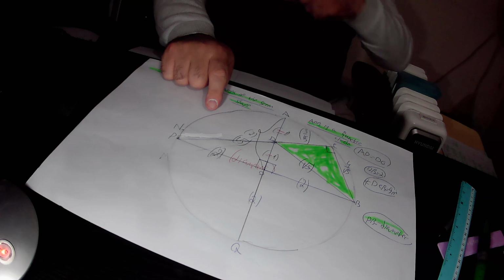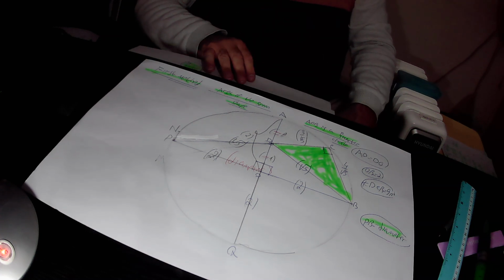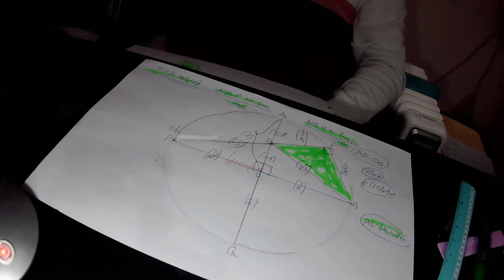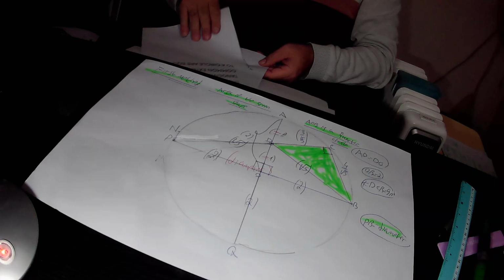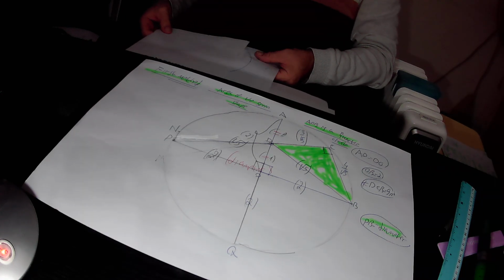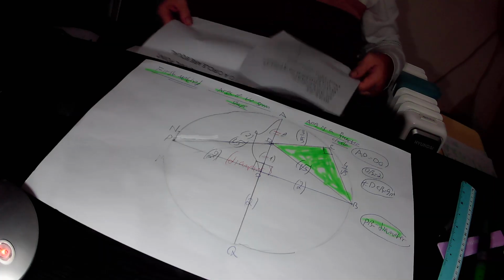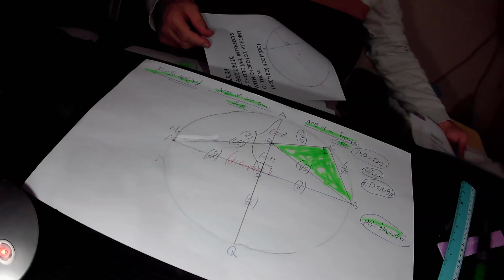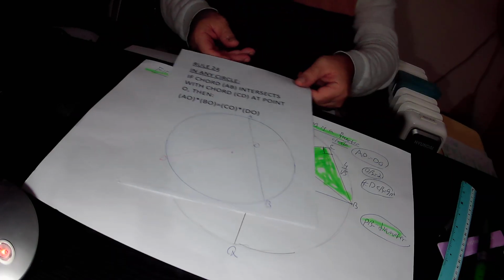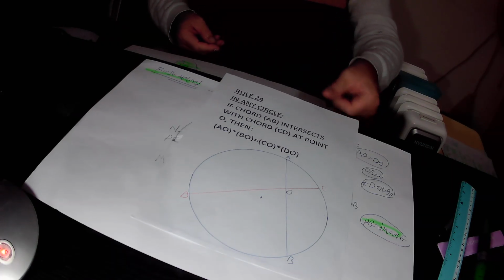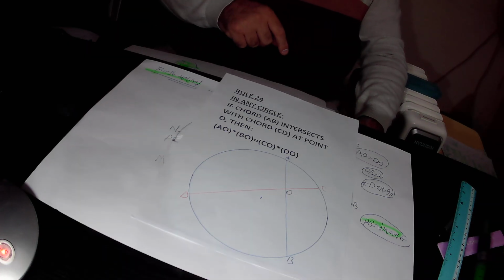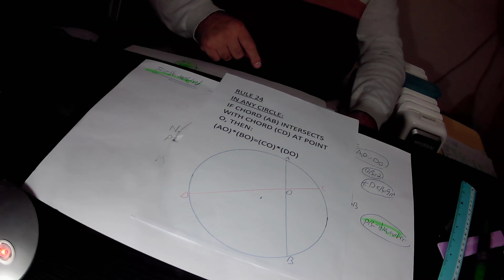Okay, so here we can implement rule 24 in our drawing. Let's quickly repeat rule 24. According to rule 24, in any circle, if chord AB intersects with chord CD at point O, then the following equation holds: AO times OB equals CO times OD.